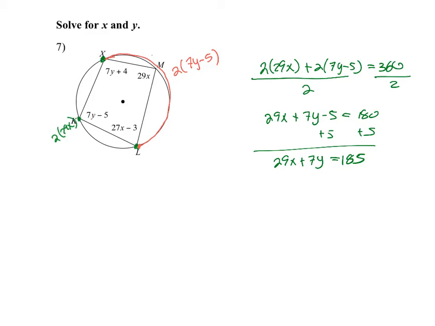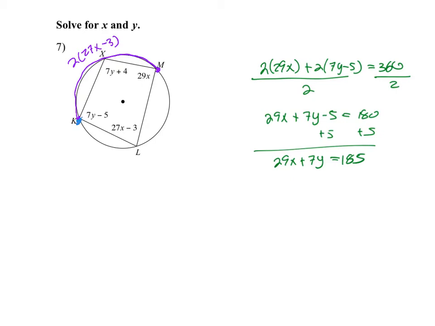Now, with the other two angles, I'm going to mark them in another color. So from this point all the way here is 2 times 27x minus 3.